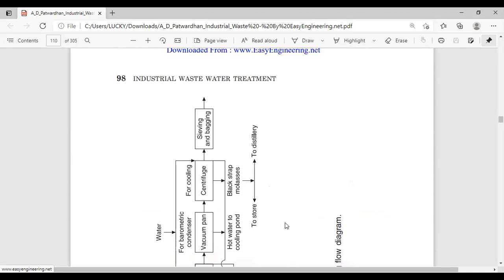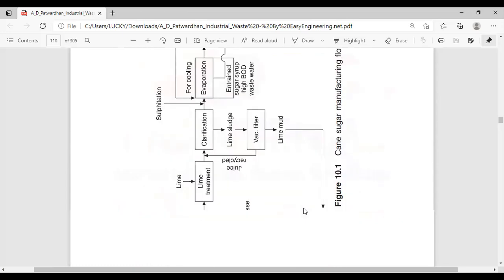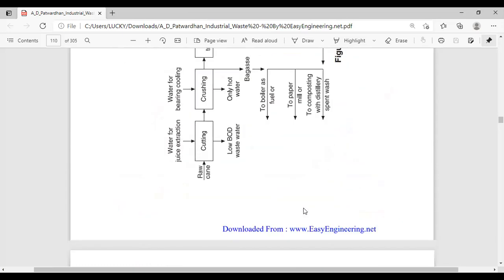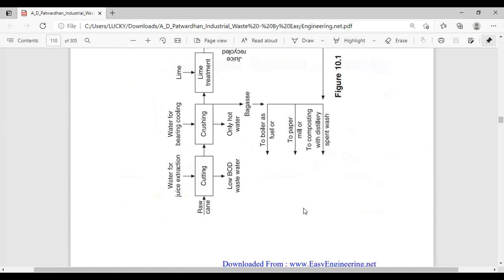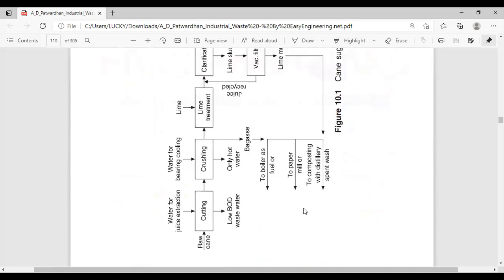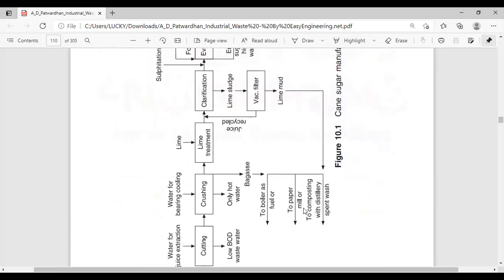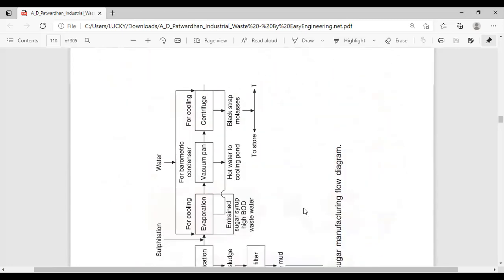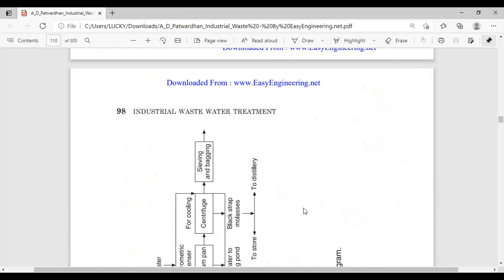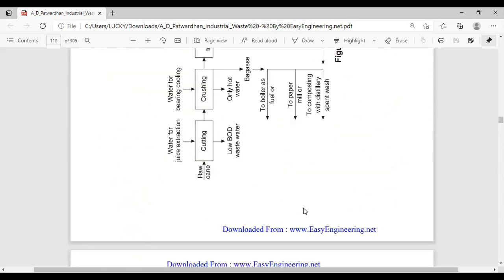Guys, here I will explain the figure clearly. Here, the process water is for juice extraction, raw cane cutting, and low BOD wastewater.